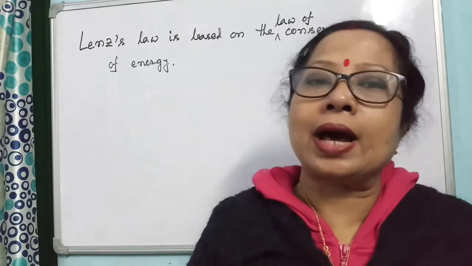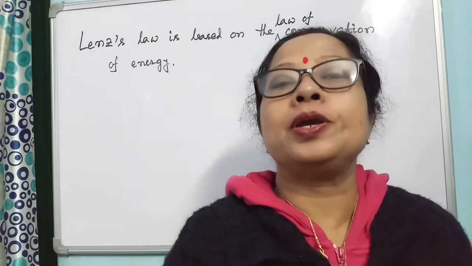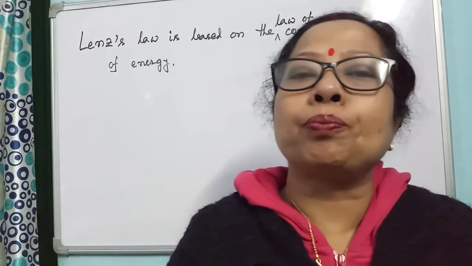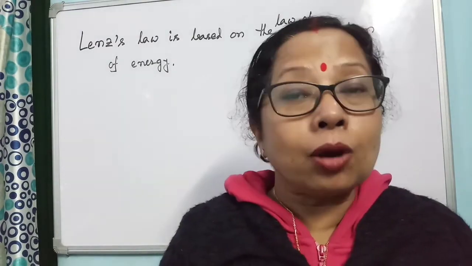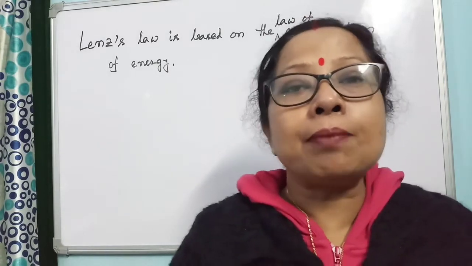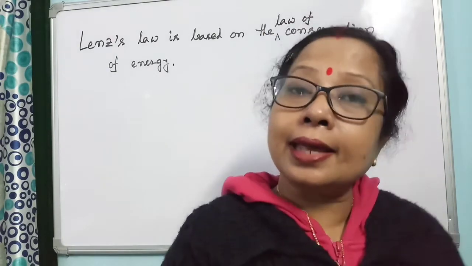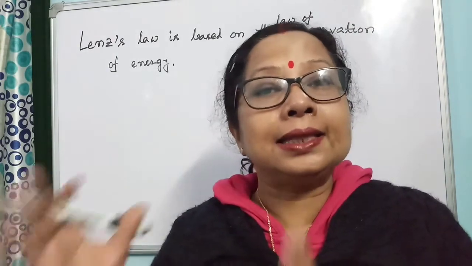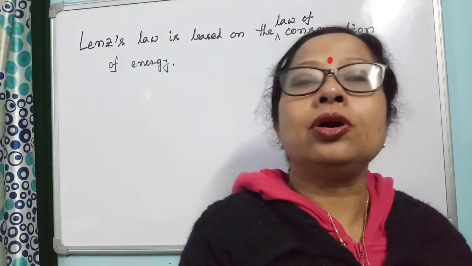So that's why the cause should be opposed. When the cause is opposed, the North Pole cannot come towards the coil by itself. Somebody has to bring it, doing work against the opposition, and that work done will be converted into energy.